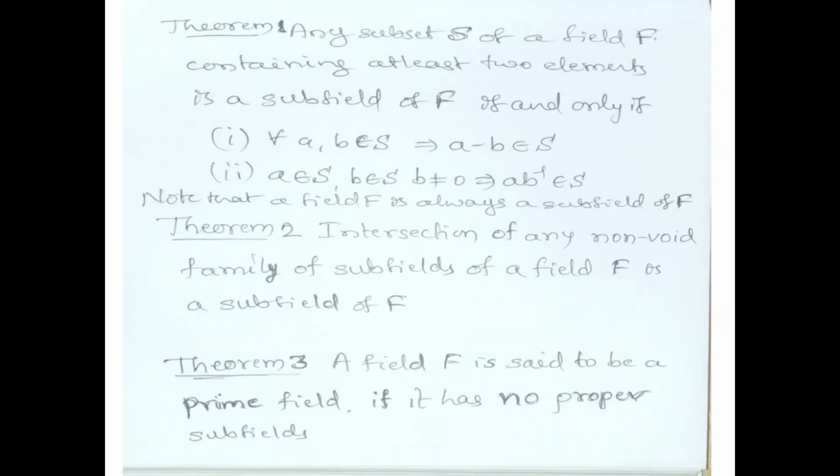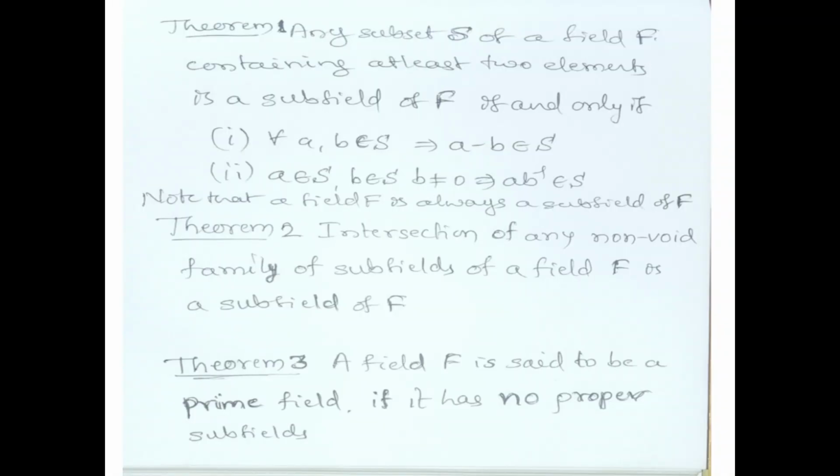So a non-void subset containing at least two elements is a subfield of F if all the elements form an additive subgroup and all non-zero elements form a multiplicative group. These can be proved very easily.